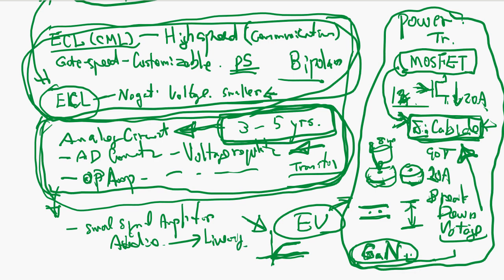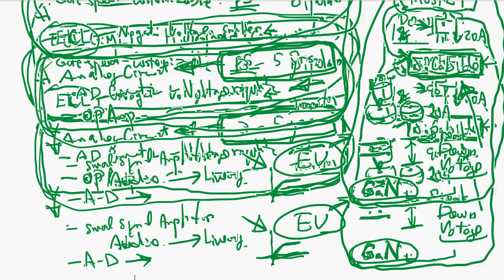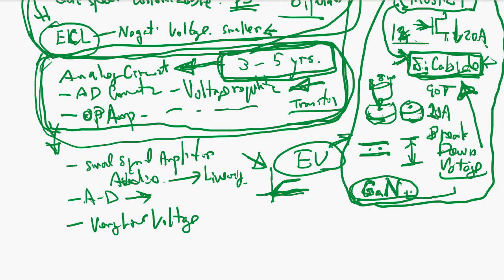That's one of the analog design requirements. Then the AD, to increase the precision of analog signal detection, and also very low voltage detection. How do you detect such a voltage? This is used for the battery management system.